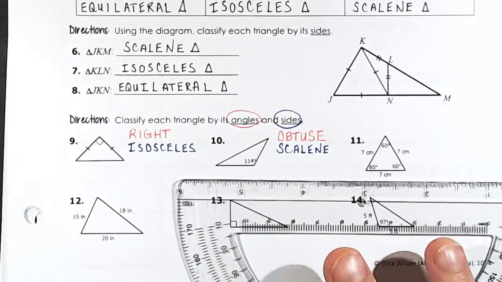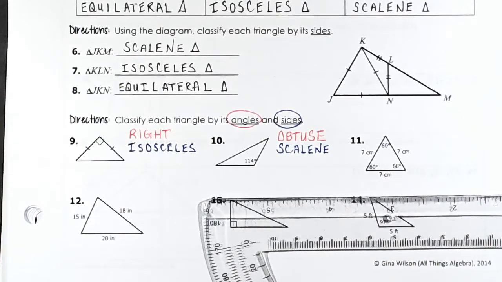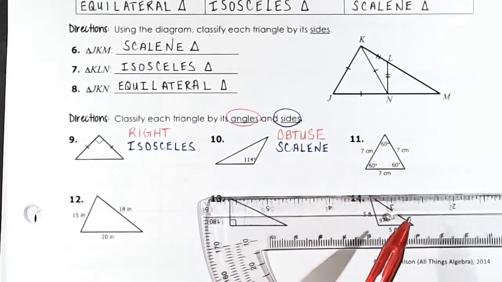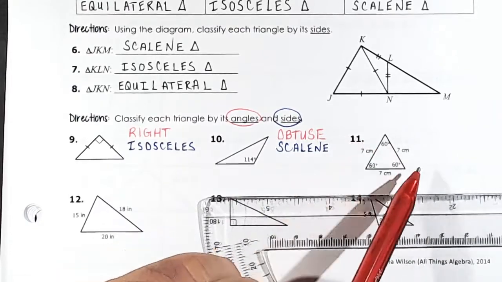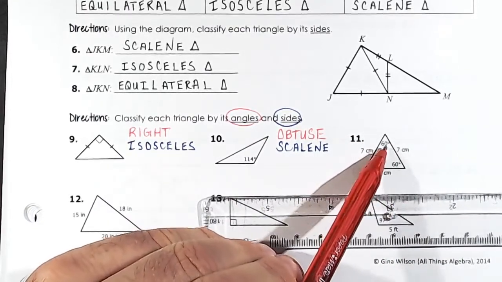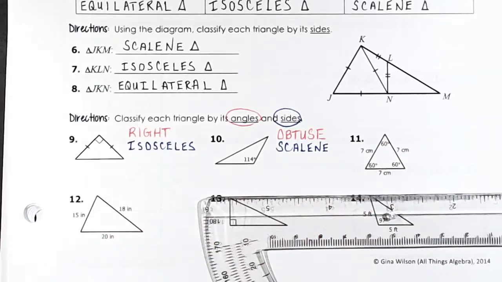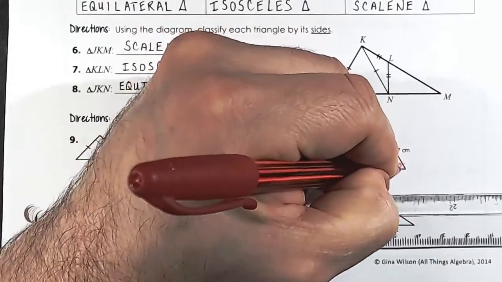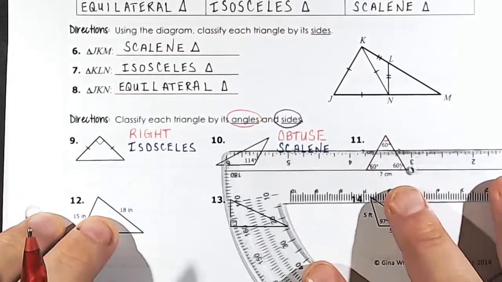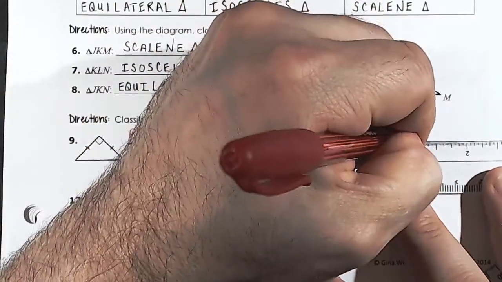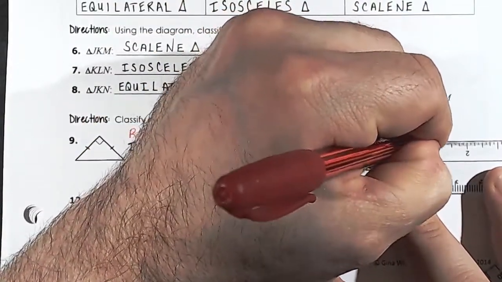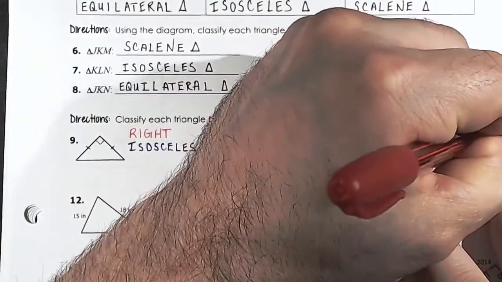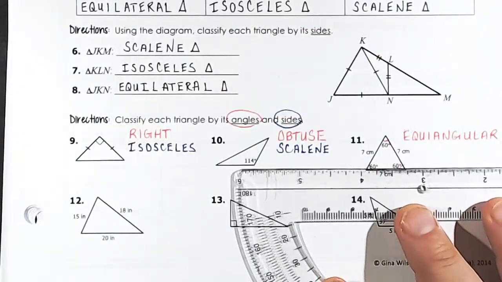Okay, very good. Now, this number 11 is a little bit more interesting because instead of the symbols to indicate equiangular and equilateral, we're given numbers. If we look at the angle measurements, this one's 60, 60, and 60, and those are all equiangular. So they would all have these little angle symbols in common. And so we would call this equiangular.